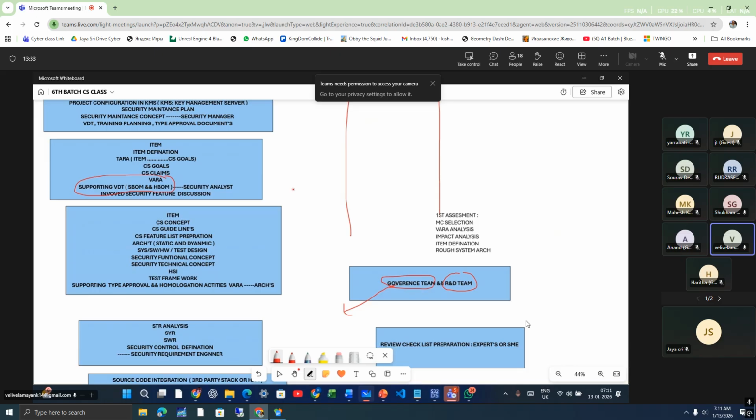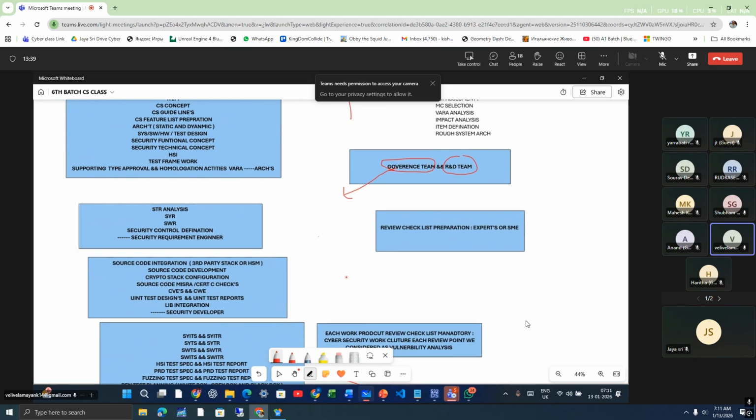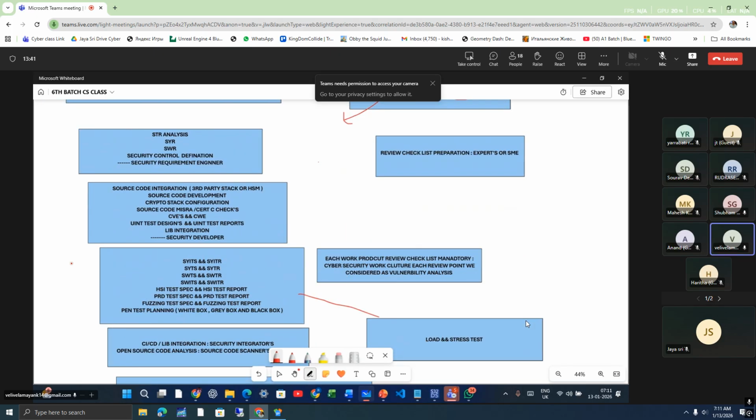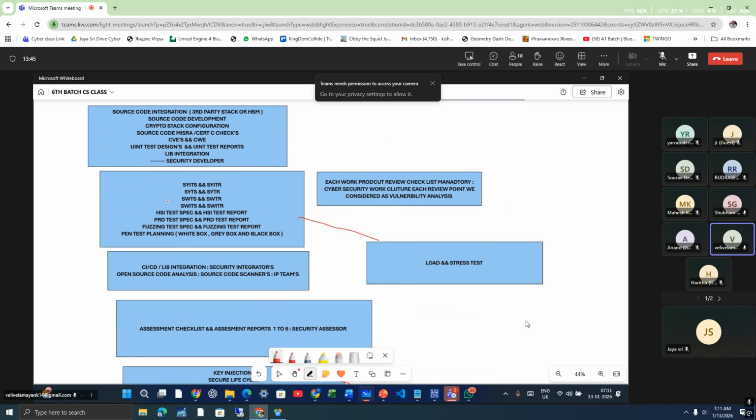These are the two classes I will teach you. Similarly, somewhere I told you about source code scanners, right? That also, at the time of Vara analysis, this topic I will also cover: how this IP team will do it, how they will reject your source code.